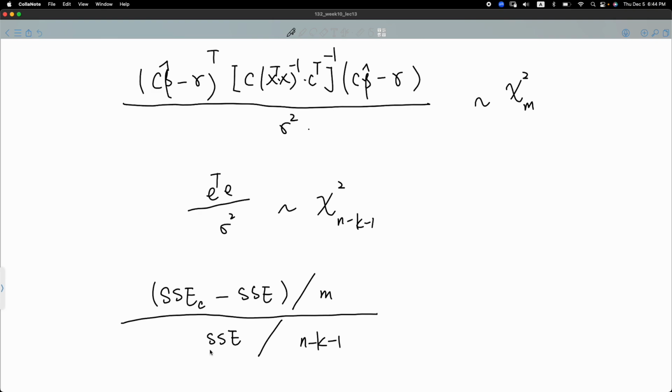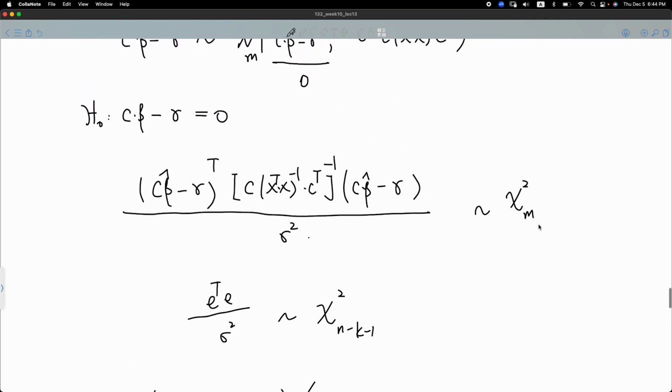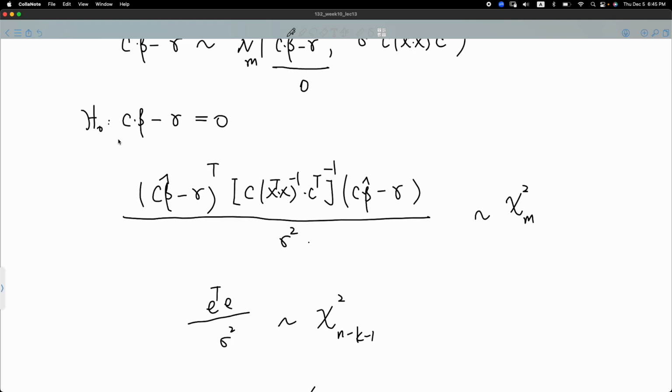You have another chi-square random variable divided by its own degree of freedom. And then by construction, you have an F distribution, degree of freedom m by n minus k minus 1. And then this distribution will now allow you to perform hypothesis testing regarding this hypothesis, this linear constraint here.